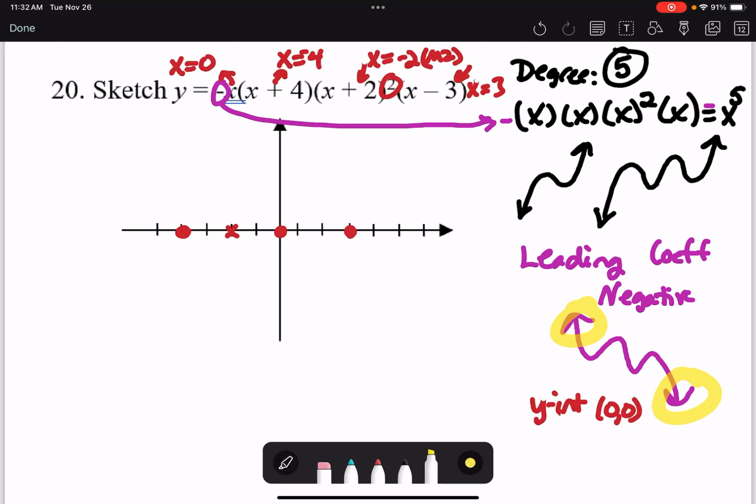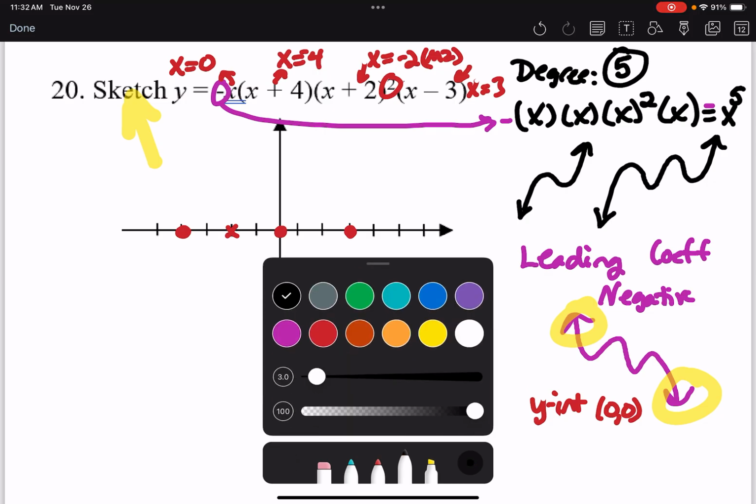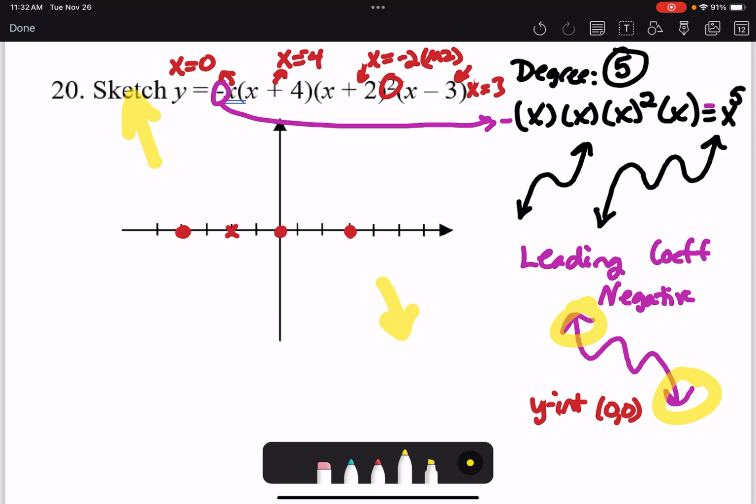Now what I know is, as x goes to negative infinity, my y is going to positive infinity, and as x is going to positive infinity, my y is going to negative infinity. So I know this has to be my shape. Once I have my end behavior on there, I'm going to go ahead and sketch, kind of in yellow, the basic idea. I know that this zero is going to get crossed.